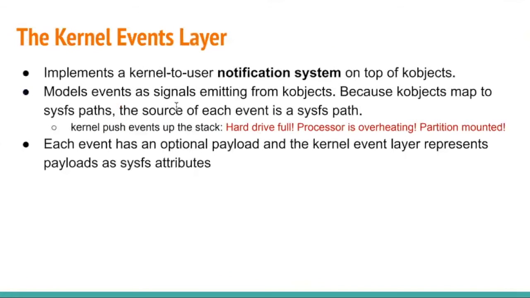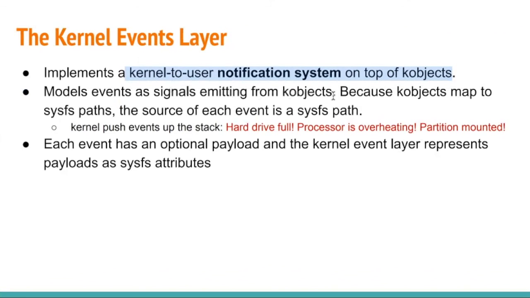So let's now discuss the kernel events layer. Half of the content of this slide we have already discussed. This is a kernel to user notification system built on top of the kobjects concept. There are some important activities that the kernel wants to communicate to the user.